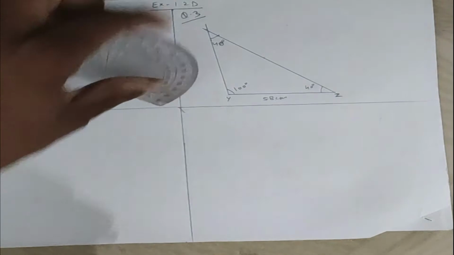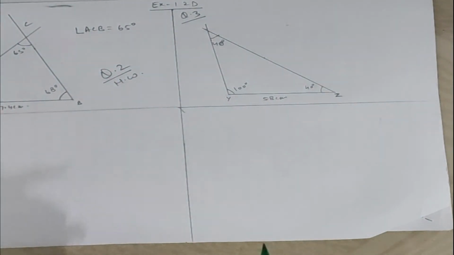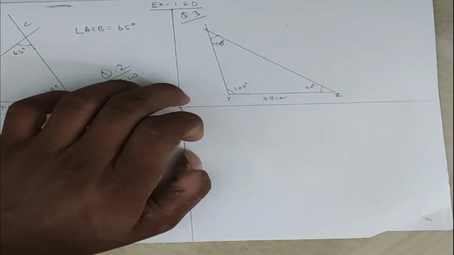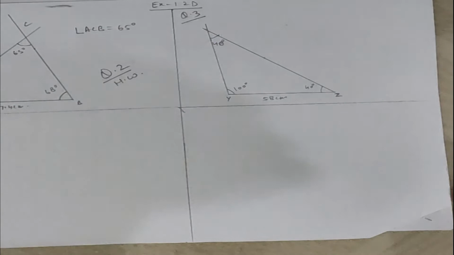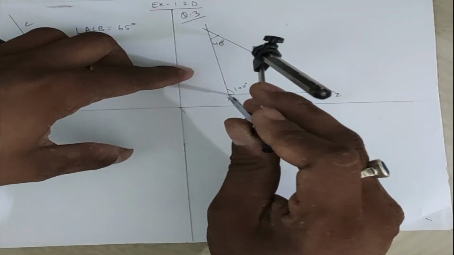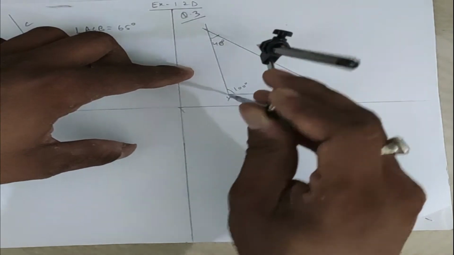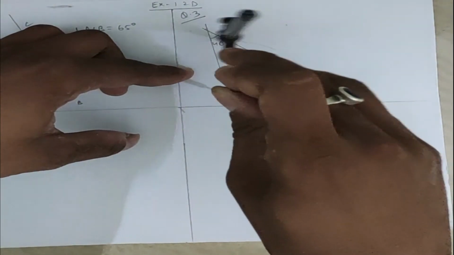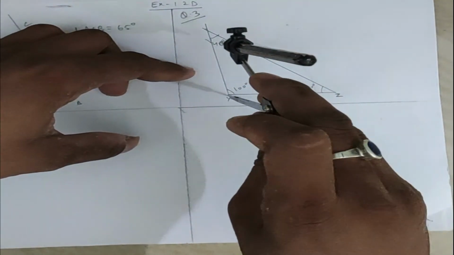Now what they have asked: draw the perpendicular from Y to XZ. From this point we need to draw the perpendicular. Okay, how you will draw the perpendicular? Just put your compass and make the arc like that.